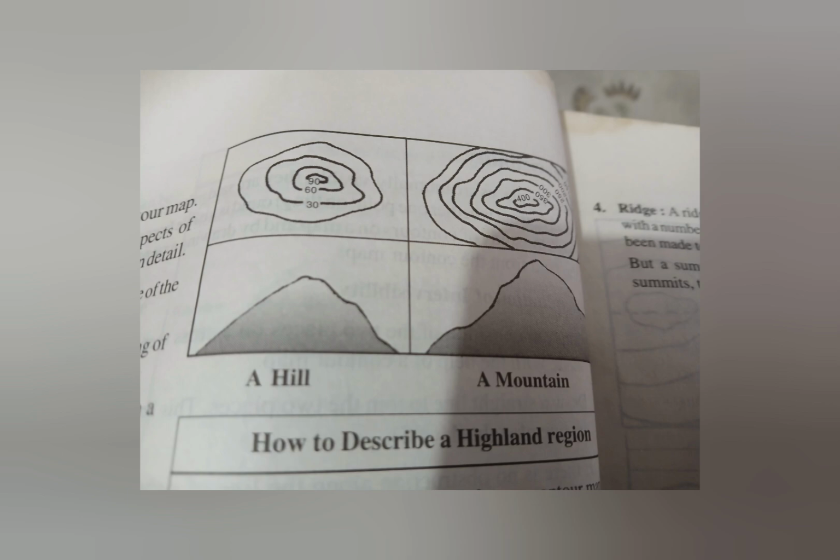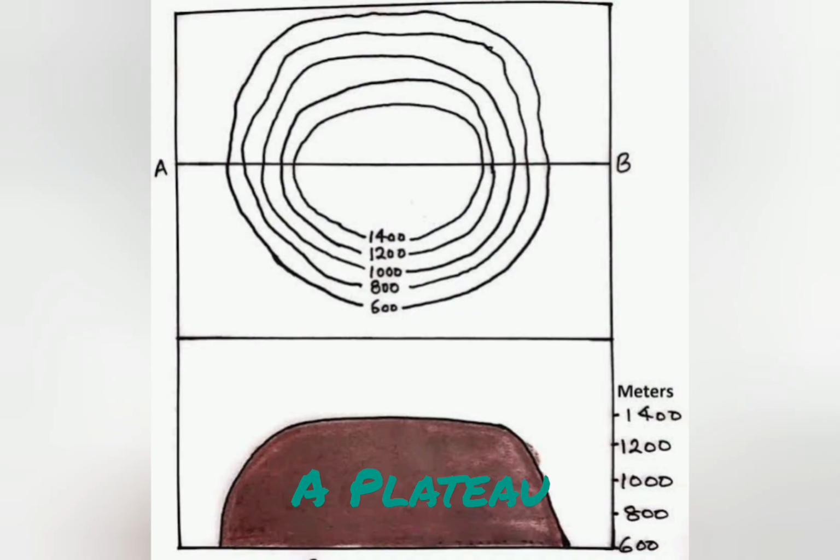A plateau or a tableland is basically a broad land which has elevation on all its sides. That means it is land which rises abruptly from the surrounding areas and has a flat top.